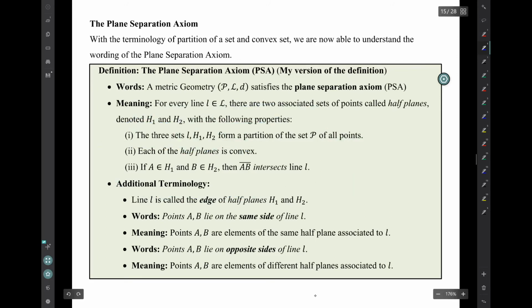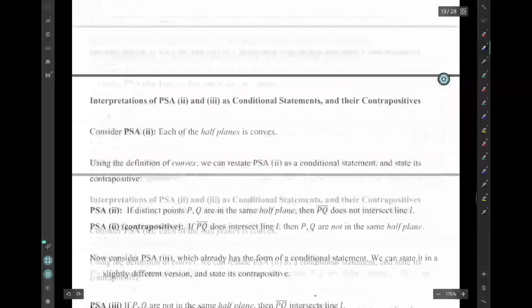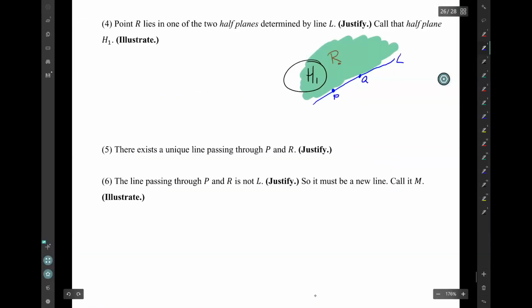Well, we have a point called R, and so it's going to have to lie in one of these 3 sets. Well, wait a second. We know that R is not on the line L, and so that means that R has to be in one of the half-planes. So the justification for this statement that R lies in one of the 2 half-planes is by PSA 1.